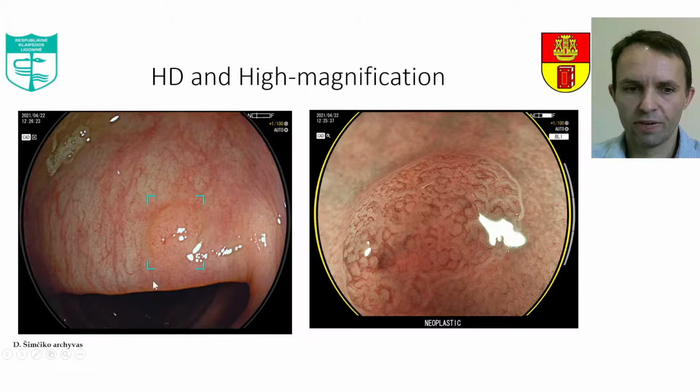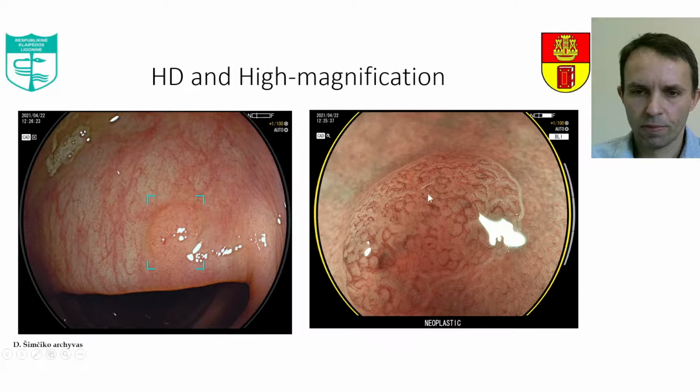On the left is a high definition image and the same polyp with a high magnification image. The BLI with high magnification shows a very nice vascular pattern which suggests the lesion to be adenoma.